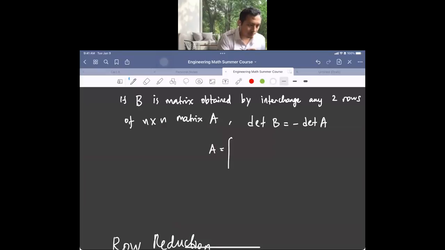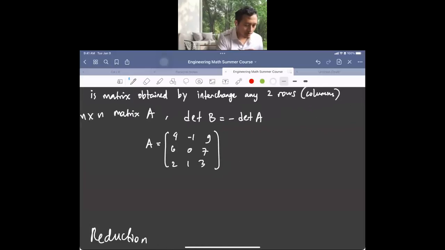So we interchange any row or any column. You can say that the determinant of B is equal to, let's say, 2, 1, 3, 6, 0, 7, and 4, negative 1, 9.